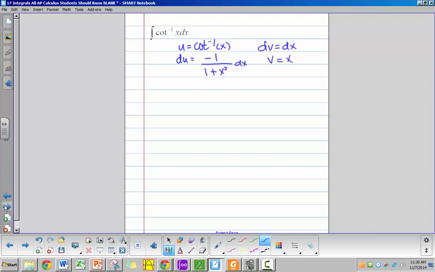Using the formula uv, so that's x inverse cotangent of x minus, which becomes a plus, the integral of x over 1 plus x squared dx. And extrapolating that from the last problem, this is going to equal negative 1/2 the natural log of the absolute value of 1 plus x squared plus c.